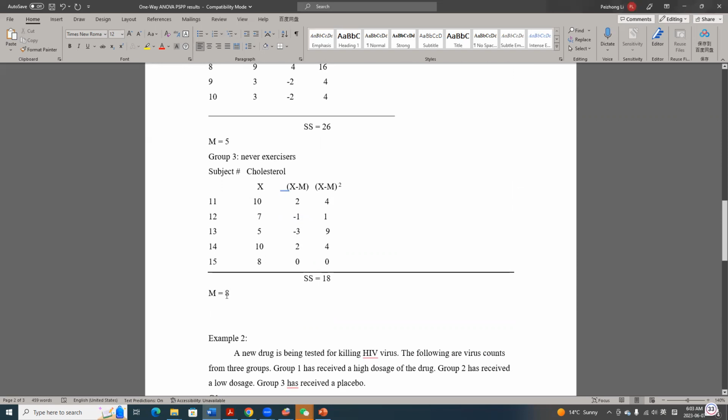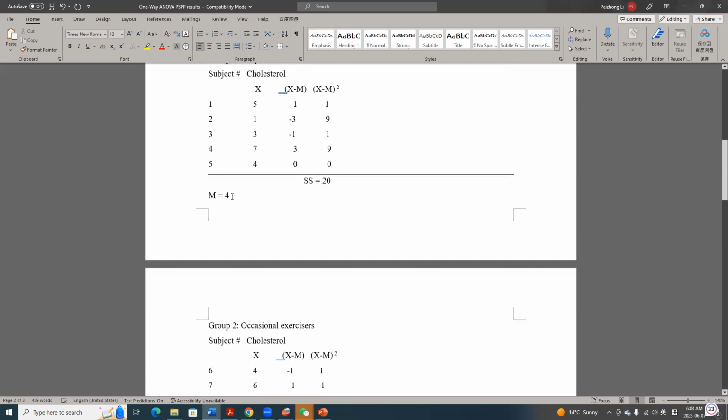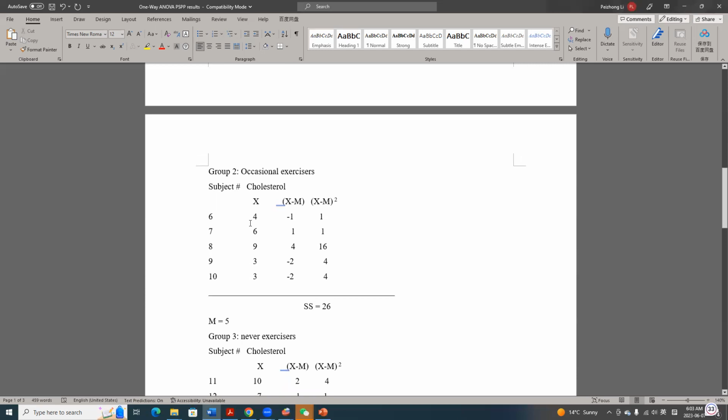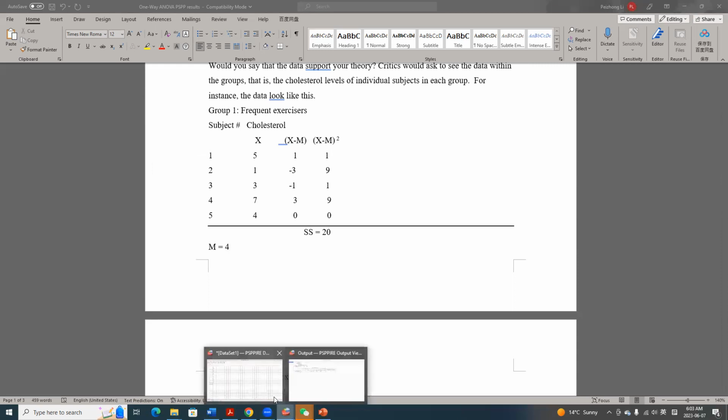Are there differences among the 3 groups? I'm not comparing 2 groups at a time. I am comparing all 3 groups at the same time. This information comes from ANOVA, or analysis of variance. Let's put the data together. So input the data.